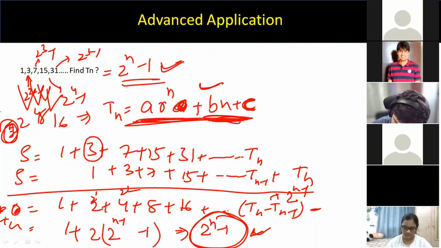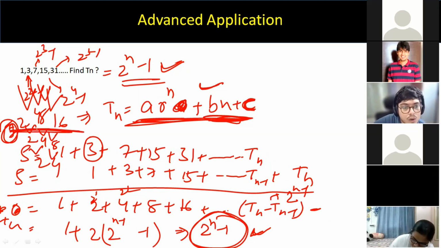But here, in the first difference you are getting a GP. The difference of 1 and 3 is 2, of 3 and 7 it's 4, of 7 and 15 it's 8, of 15 and 31 it's 16. So you will never get a common difference, because it is 2, then again it's 4, so a polynomial will never form. So here we note that in the first difference you are getting a GP with common ratio r.